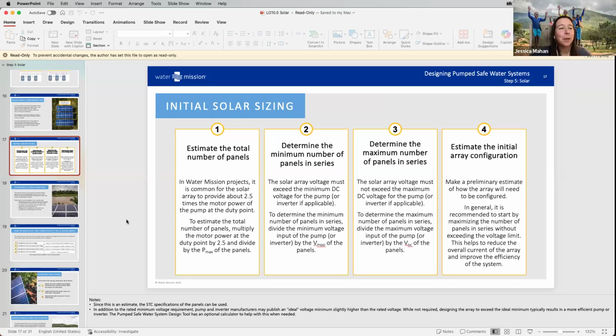So if you have to remind yourself too, it's okay. But VMPP for minimum number of panels and then VOC for maximum number of panels. And that's the recommendation. Again, that helps us to determine, okay, in the highest voltage we see, then what's our minimum number? And then in our lowest voltage, what's our maximum number? And it gives us a range.